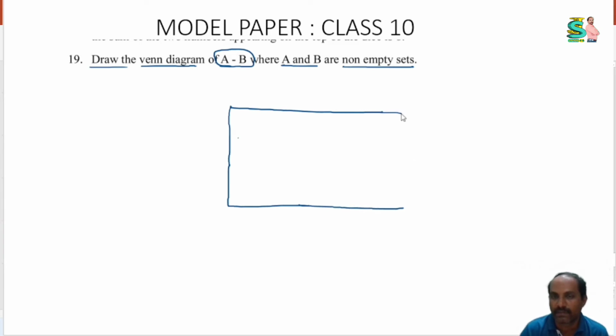Okay, this one is the universal set. I will write here, it is indicated with mu also. Now A and B. A, I will take green color A, and B.